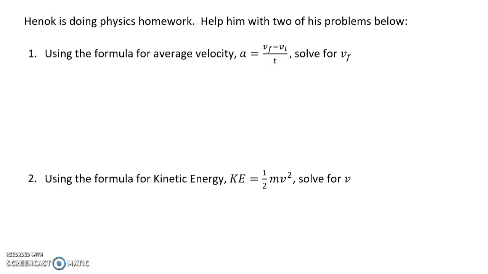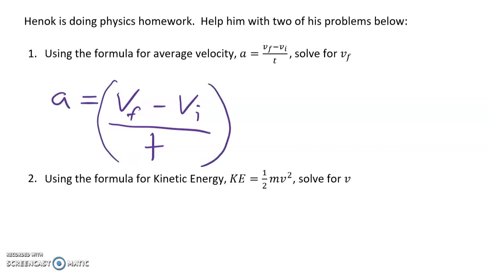That means that when I solve, I'm going to undo everything that is around my hidden variable, in this case v sub f, and I'm going to go in the opposite order, the inverse order of PEMDAS, if you will. So instead of subtracting and dividing, I'm going to do the opposite of that, and I'll start by multiplying.